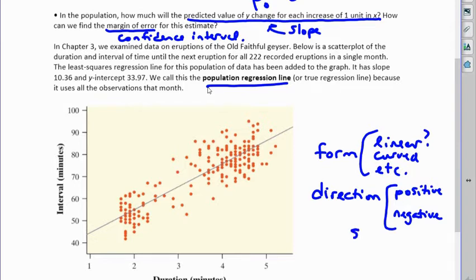And then you've got your strength, and for that we look at our r value. Remember, we have r values. They can be anywhere from a perfect positive relationship of 1 down to a perfect negative relationship of -1. There are no units on r.